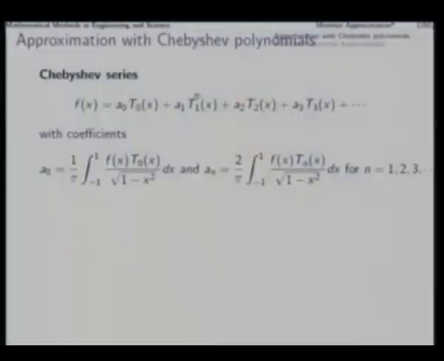Now, how do we utilize this property? Let us explore. With a linear combination of the Chebyshev polynomials, we will have this series, which is called the Chebyshev series, for which we can construct the coefficients a0, a1, a2, a3, etc., as we have earlier studied.